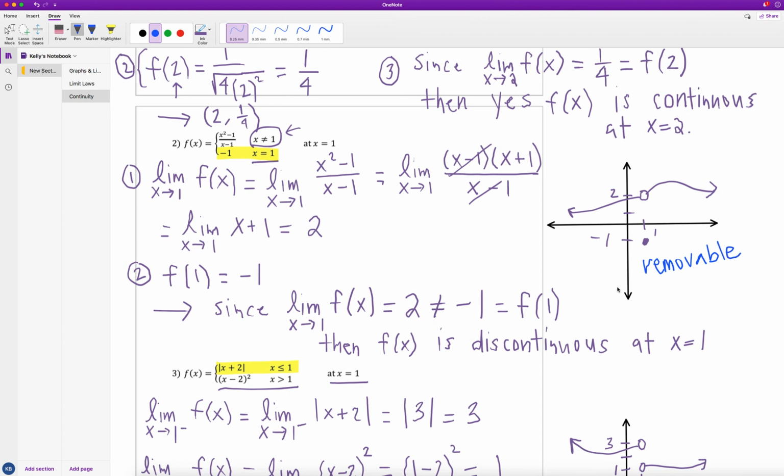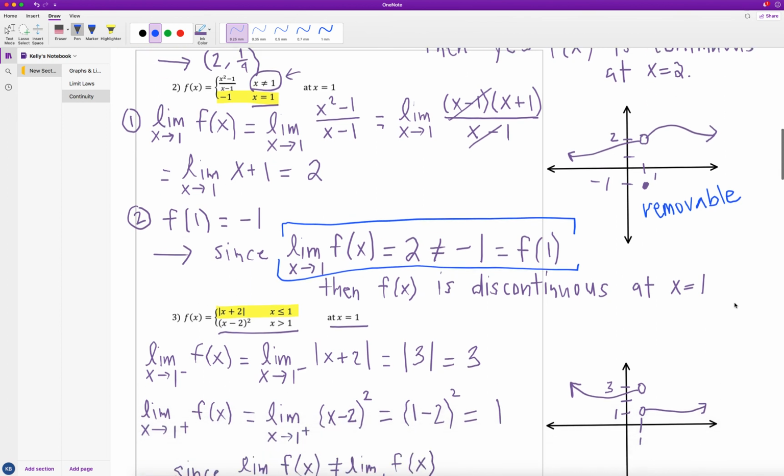And the reason behind that is this statement that I'm putting a blue box around so that we can see it, which says that the limit as x approaches 1 of f of x does not equal the function value, or f of 1 there. So example 2 was a discontinuous example, and specifically it was a removable discontinuity.